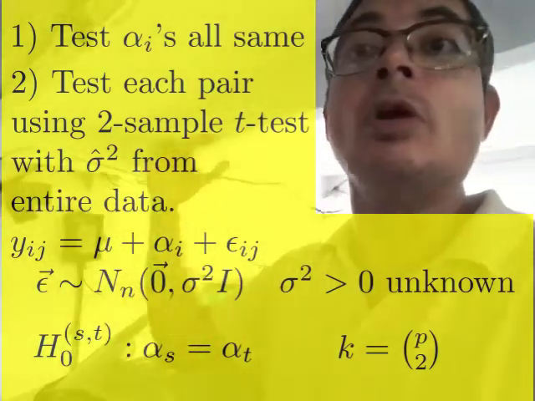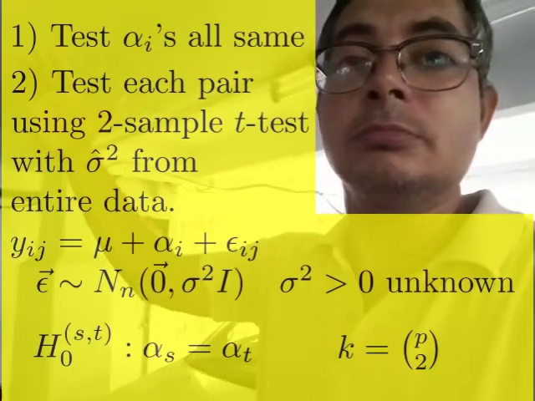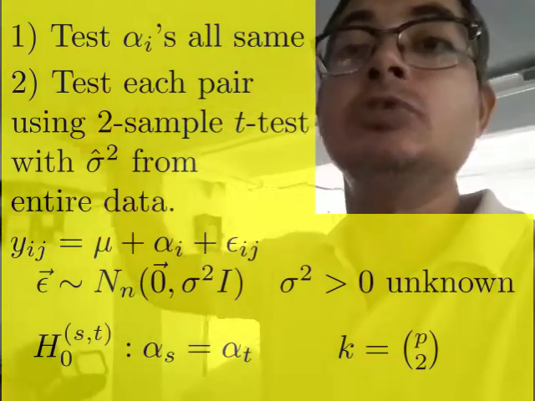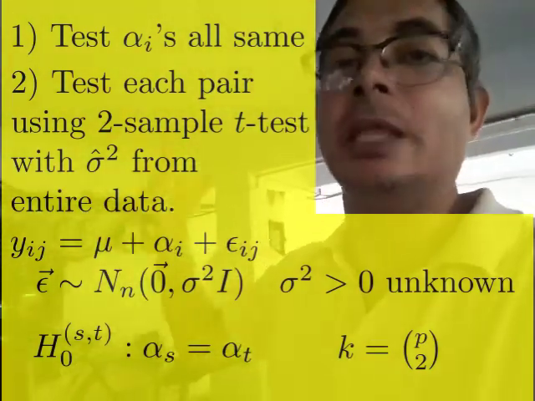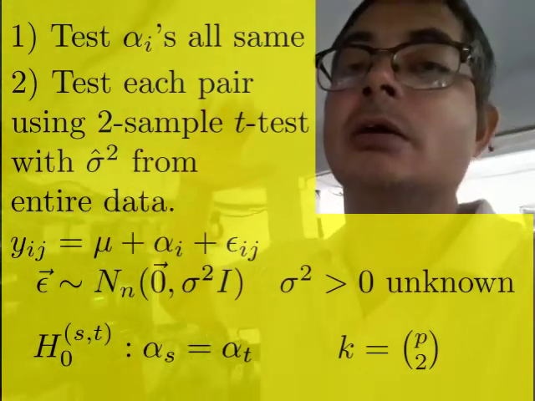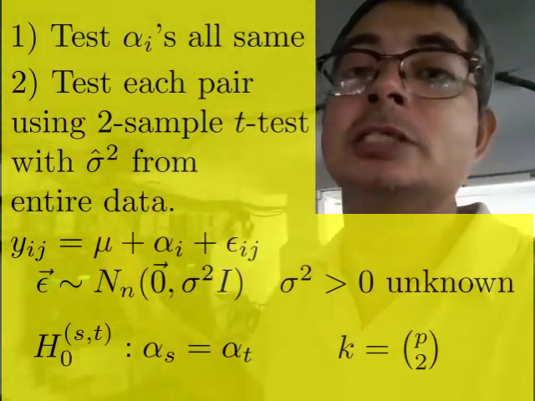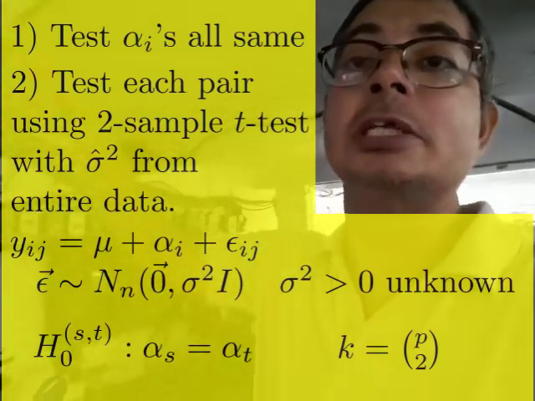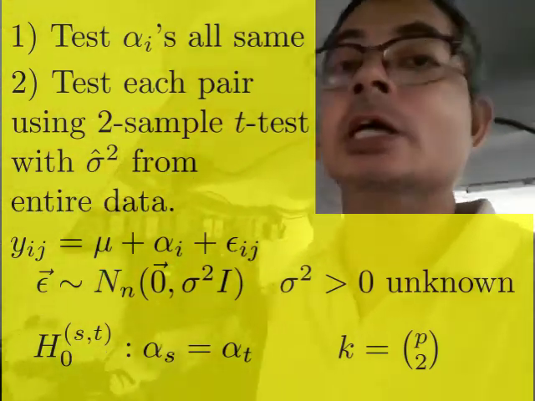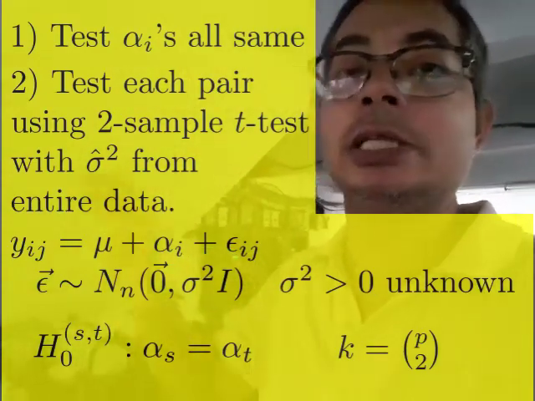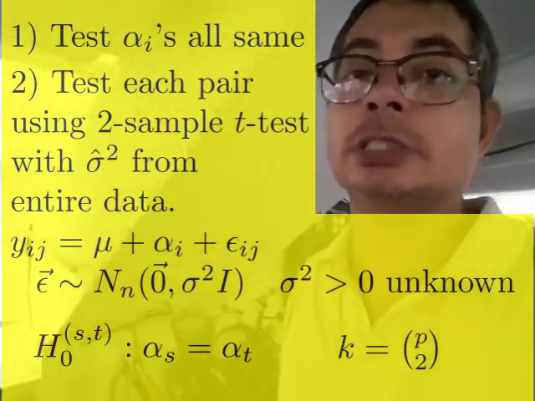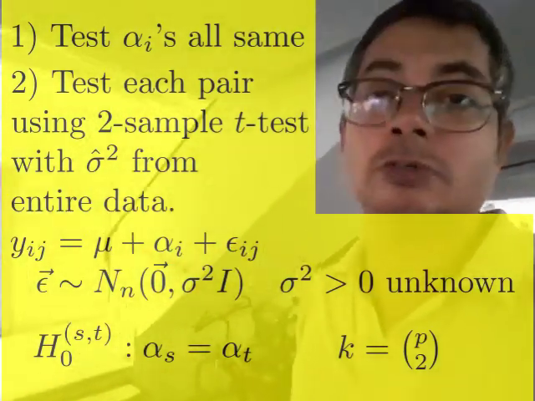Step 2 means you have already rejected that overall test, which you have carried out at the same level as your FWER. So if you wanted FWER less than or equal to 5%, you have carried out step 1 at 5% level. The very fact that you have rejected means you are already in a subset of probability less than or equal to 5%.